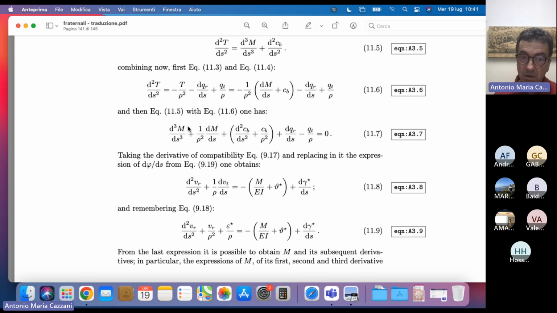And so this is still an equilibrium equation which links the bending moment and its derivative to the applied loads. So there is this term which contains the distributed couples and the second derivative of distributed couples, the derivative of the radial loads and the tangential loads.